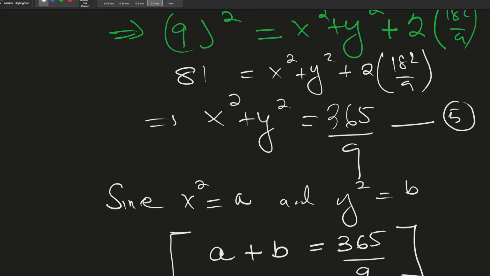So now we know the value of the summation of A and B to be 365 divided by 9.